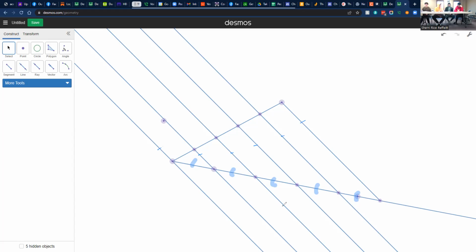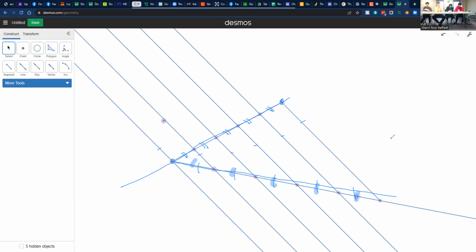And those 6 parallel lines cut this line into 5 equal parts. 1, 2, 3, 4, 5. So therefore, this line is also a transversal of the parallel lines. So by the theorem, we know this has to equal that, has to go to that, has to go to that, has to go to that. So that way, we just cut this line segment into exactly 5 equal lengths.